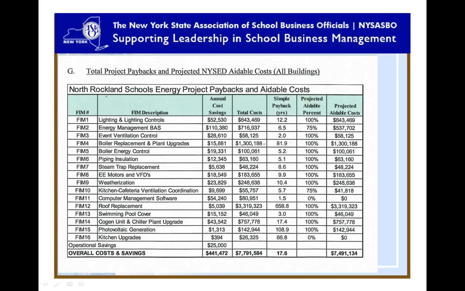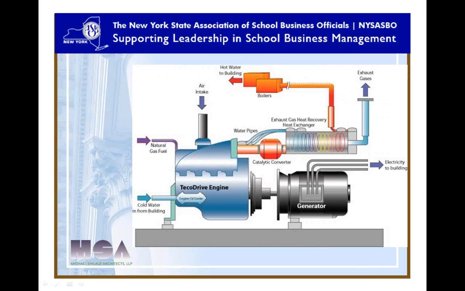We are installing a very interesting cogeneration unit, and here's a little schematic of it, where we're going to generate our own electricity. And there's some excess heat. That's why it's called cogeneration, or combined heat and power generation. If you have a pool facility, or if you have a high demand over the summer, these kinds of things can pay for themselves.